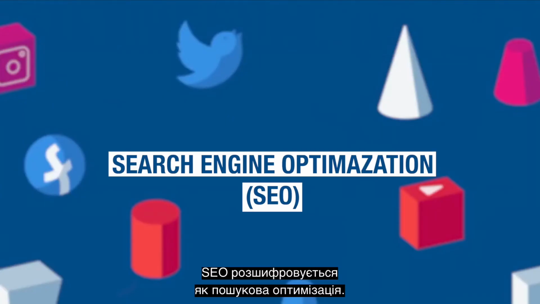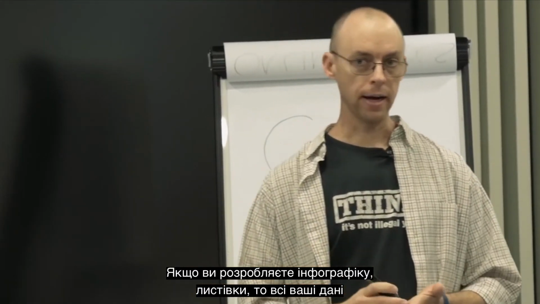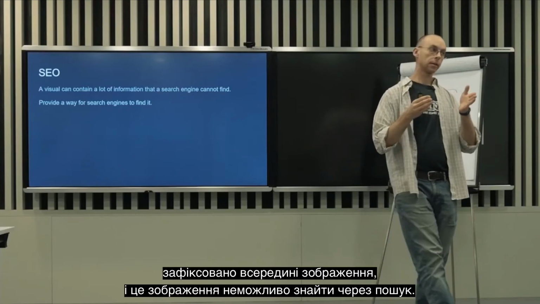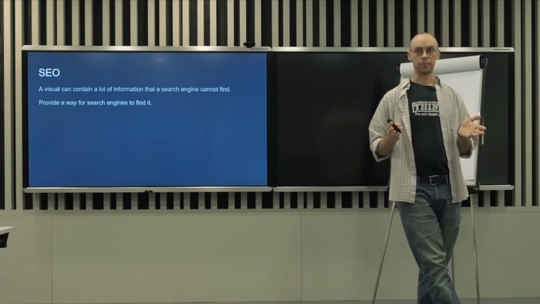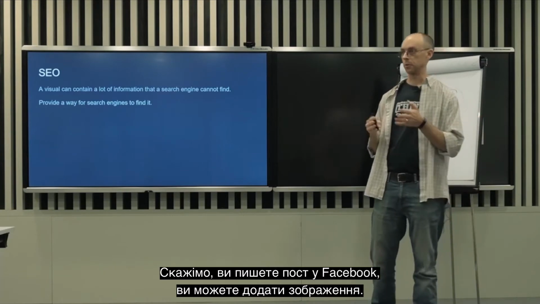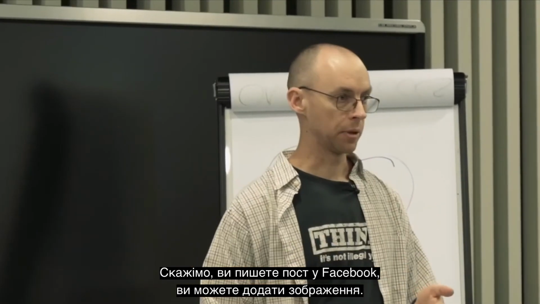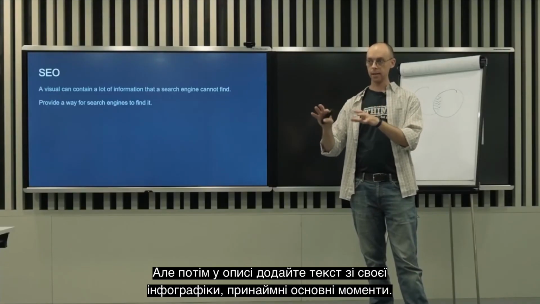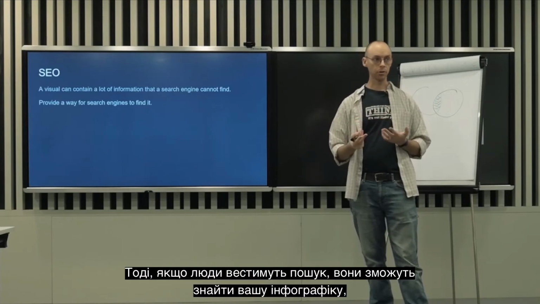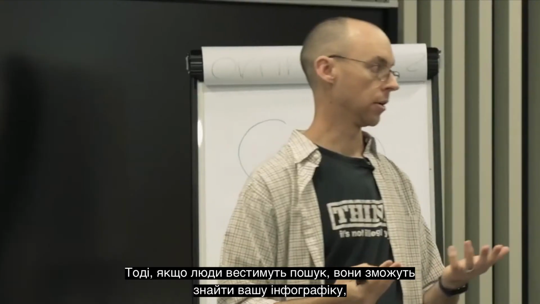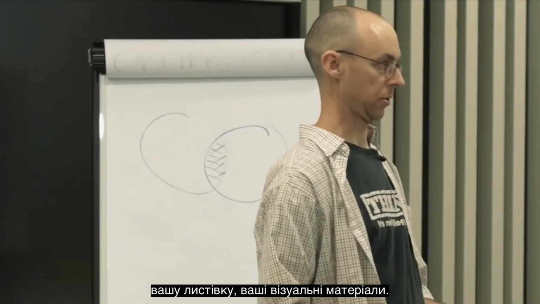SEO stands for Search Engine Optimization. If you're doing infographics, facts, all of your data is stuck inside an image, and that image cannot be searched, okay? So if you're doing a Facebook post, you can add the image, but then in the description, add the text from your infographic, or at least the highlights, so that if people search, they can actually find your infographic, your fact, your visual.